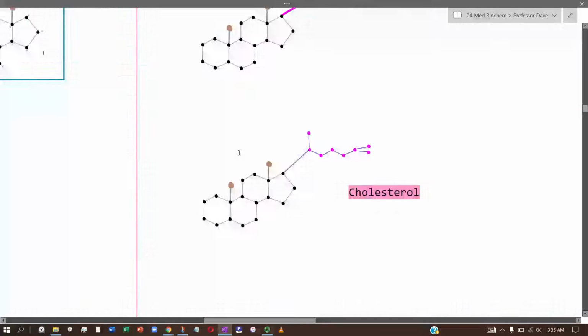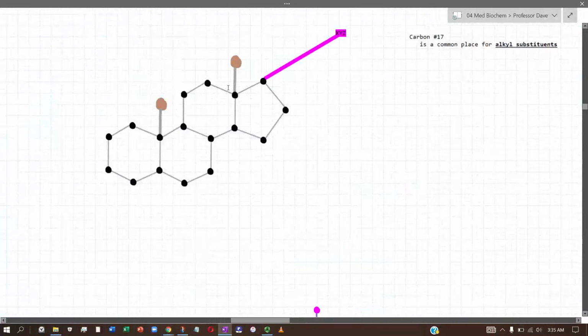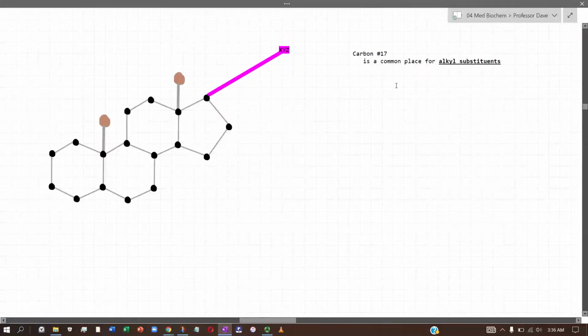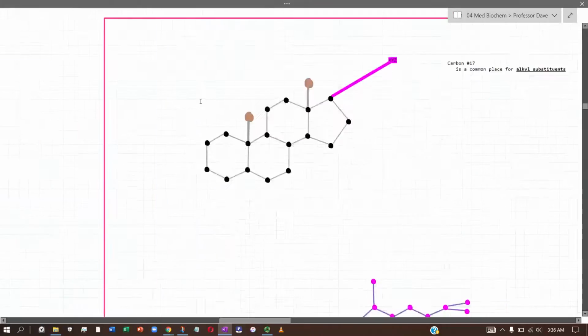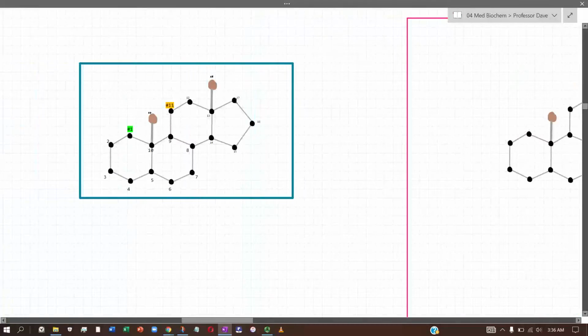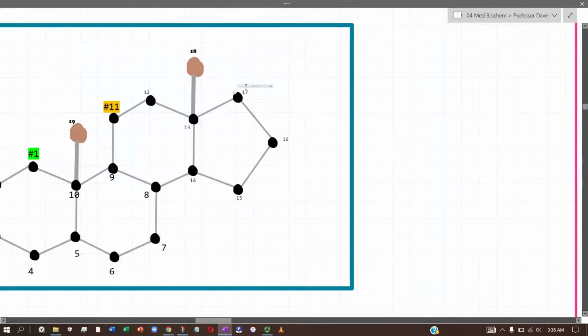Let's move on to examining something special that happens at carbon number 17. Here I didn't label it, but remember, this one is 17. Number 17 is the carbon up here within the ring system that is furthest to the right, but it's the topmost.